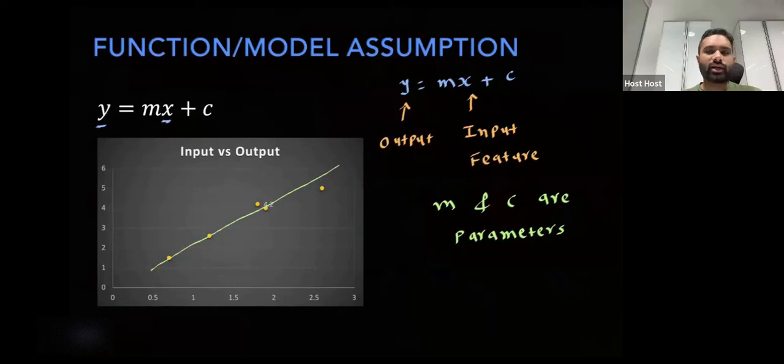If there are two dimensions, it is a certain plane, right? So let's say the input is two dimensional, how will it look? The input has two features. Let me call them feature one and feature two, abbreviated as small x1 and small x2.